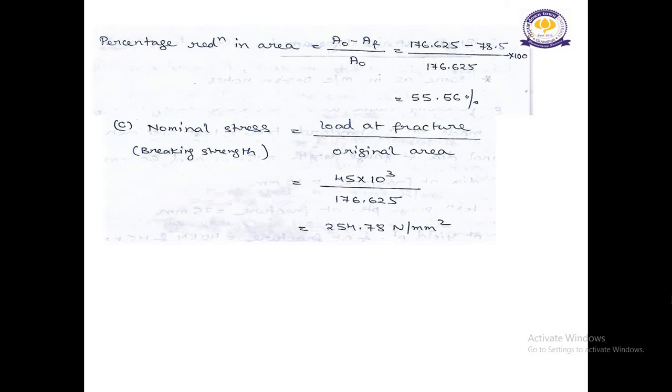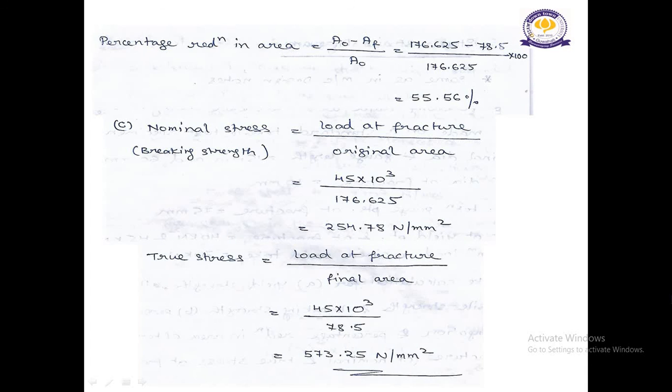Next, number C, we need to find out the nominal stress or breaking strength. So it is equal to load at fracture divided by original area. So load at fracture is given as 45 into 10 to the power 3, and original area we have found out as 176.625. From the calculation we received 254.78 Newton per mm square.